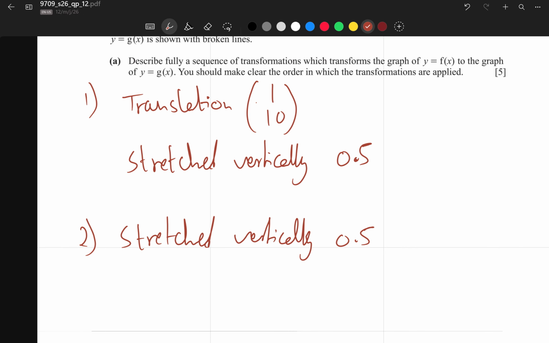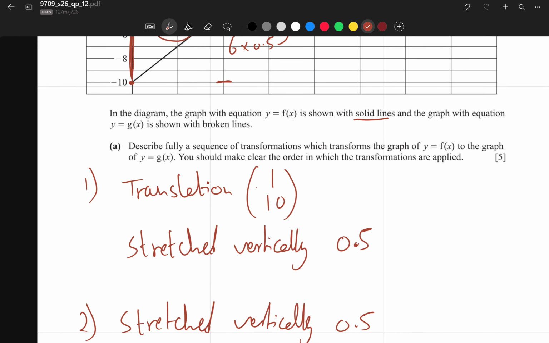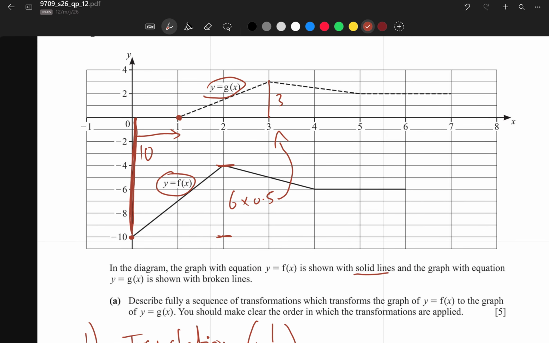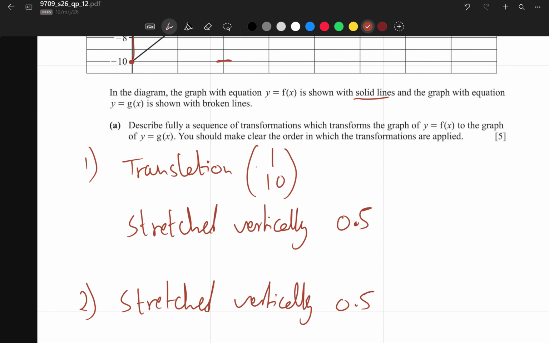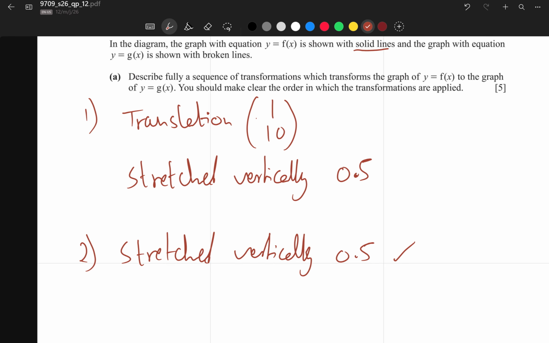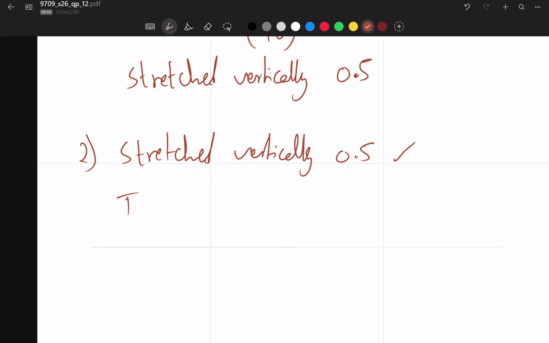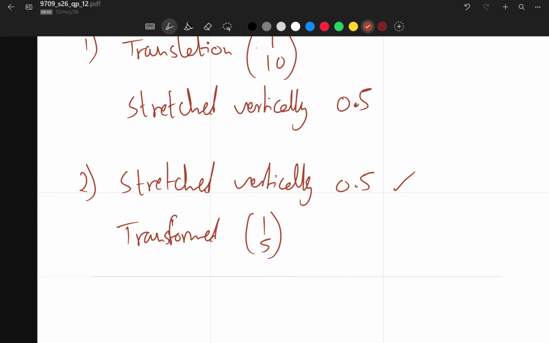Now if it was to be stretched vertically by 0.5 factor first, then this will not be the same case for translation, as vertically it was translated by 10 units, but now we have written that it was stretched first, so now it will be transformed by this value or this factor.